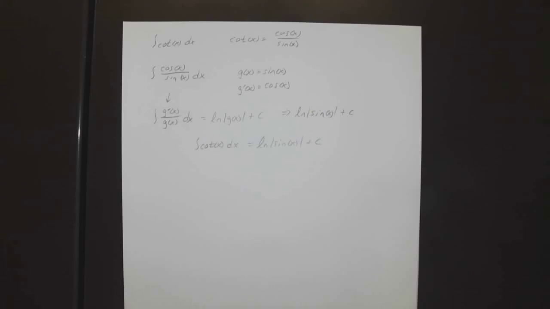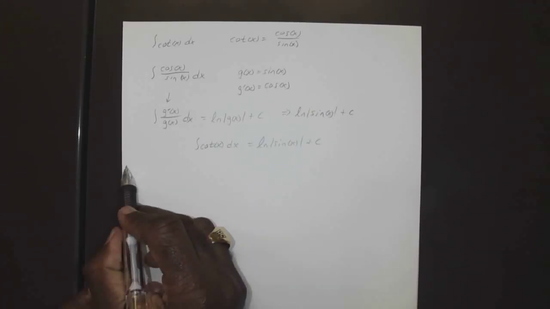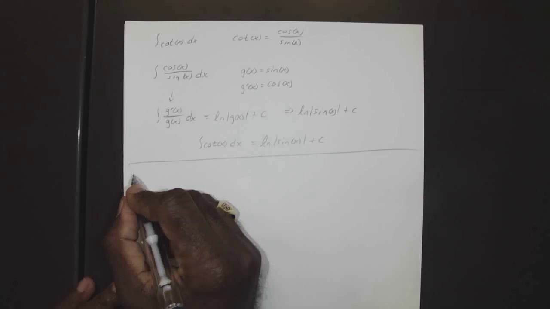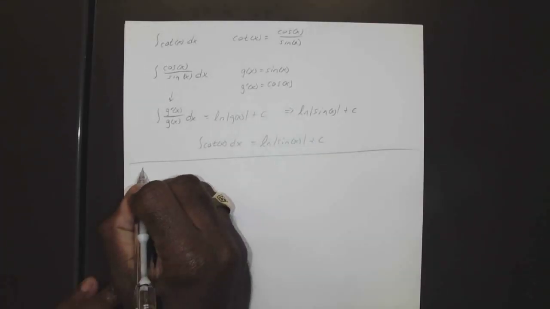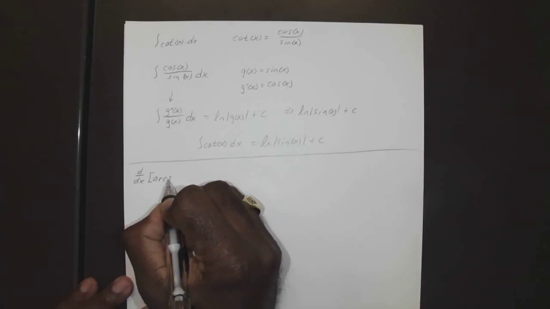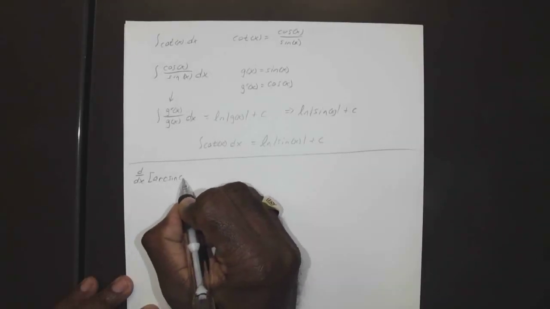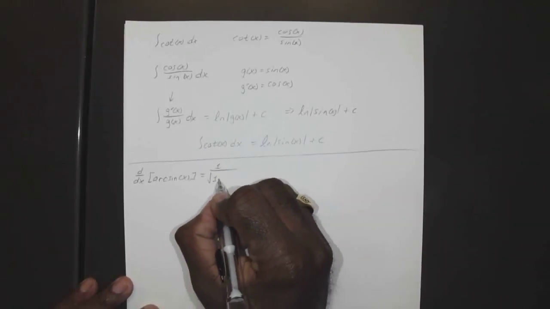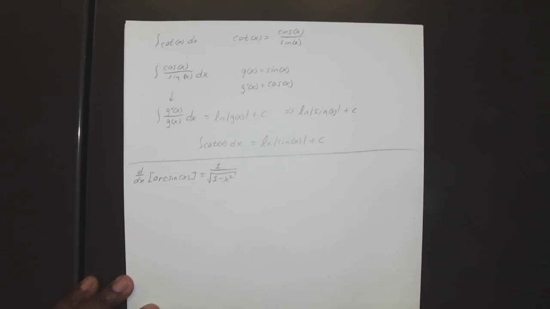Okay, so the last few we have to do are our inverse integrals. So if you remember, the derivative of arc sine of x is equal to 1 over the square root of 1 minus x squared.